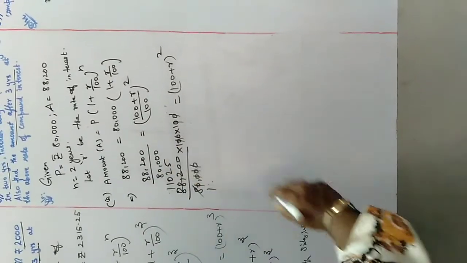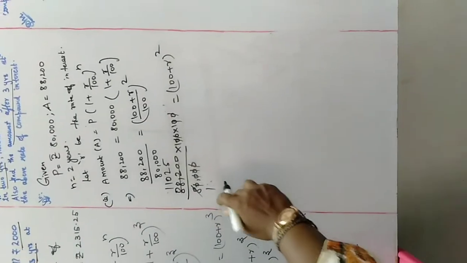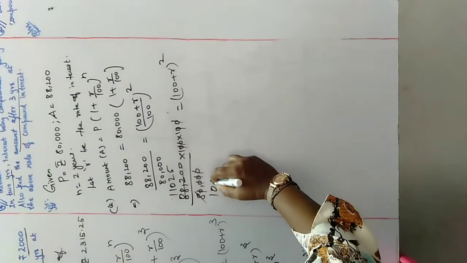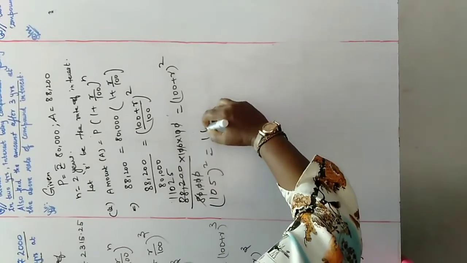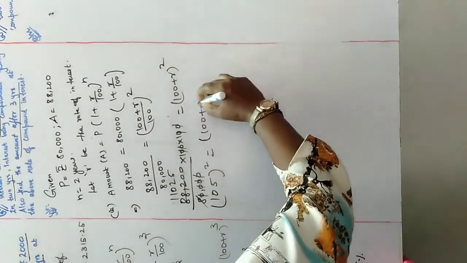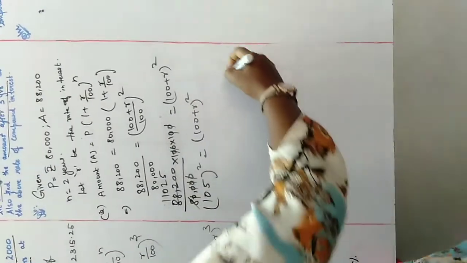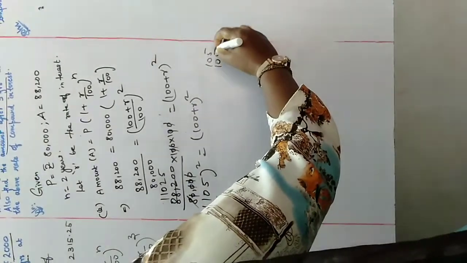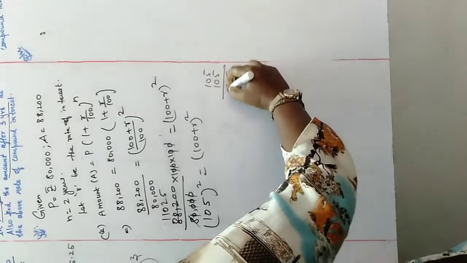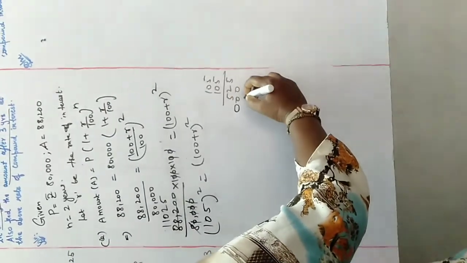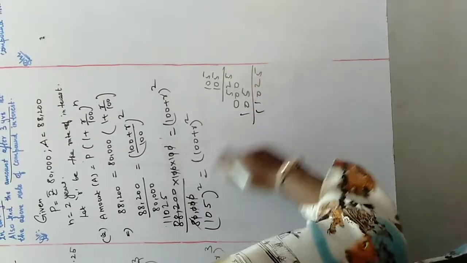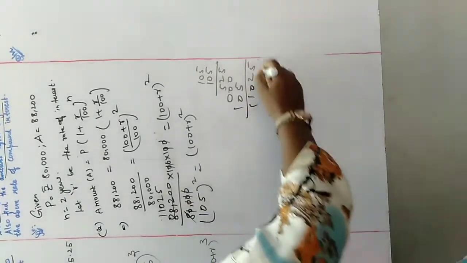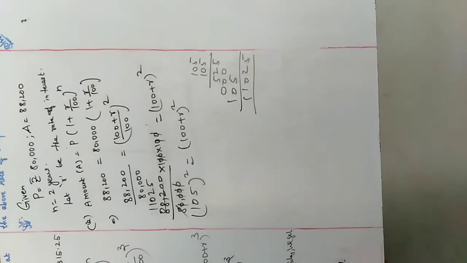Then 45. Then this is 105 the whole square, which is equal to (100 plus R) the whole square. If you want, you can check it: 105 into 105, 25, 5, 0, 5, 0, 1, 2, 10, 0, 1, 1.